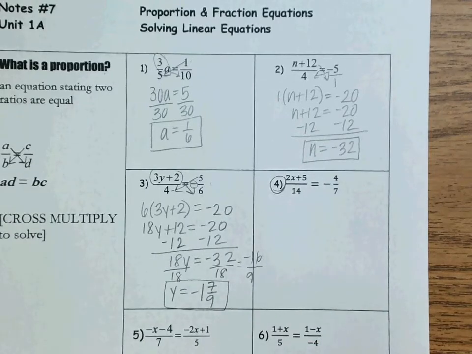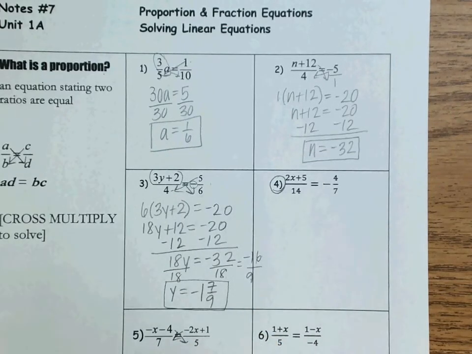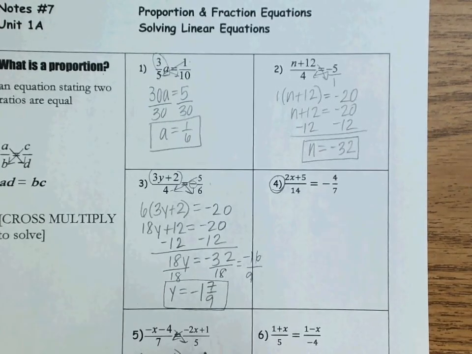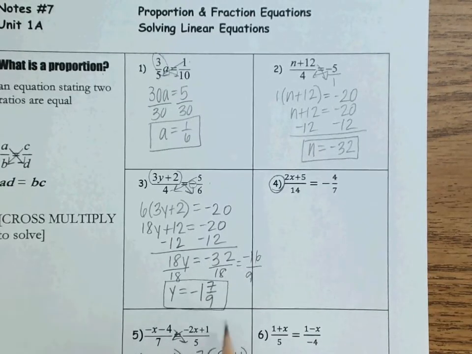For problem number 5, same thing where we will cross multiply. When we cross multiply these expressions, -x minus 4 times 5, we end up distributing, and then it'll be -2x plus 1 times 7. My next step will distribute, so we get -5x minus 20 is equal to -14x plus 7.